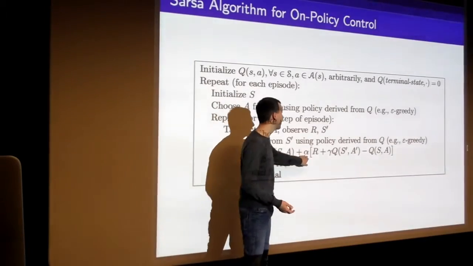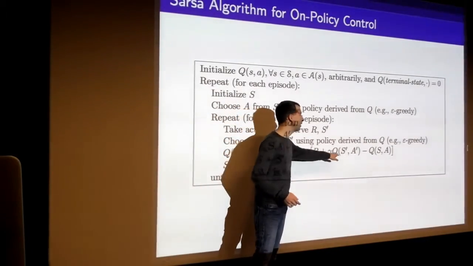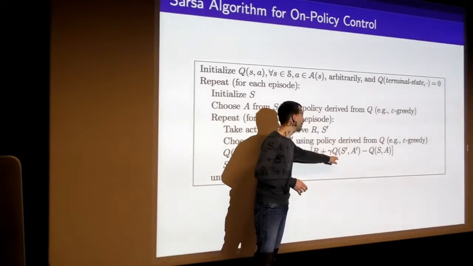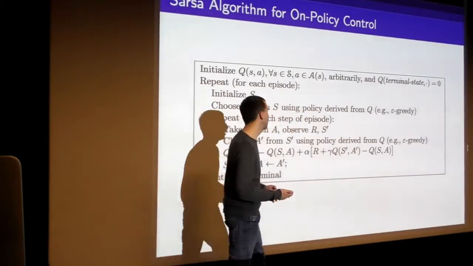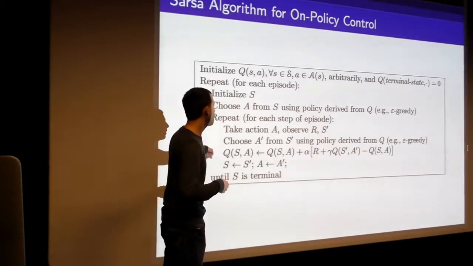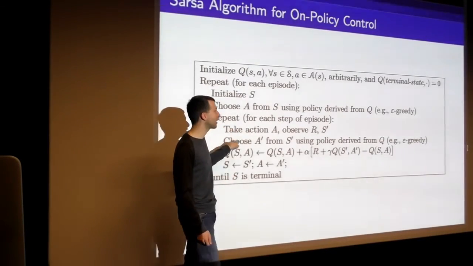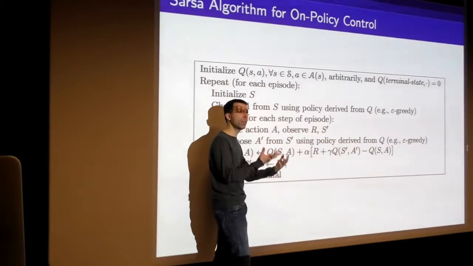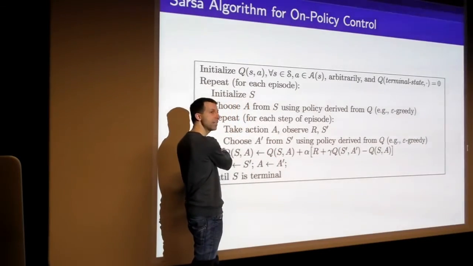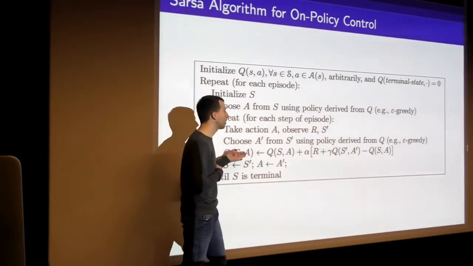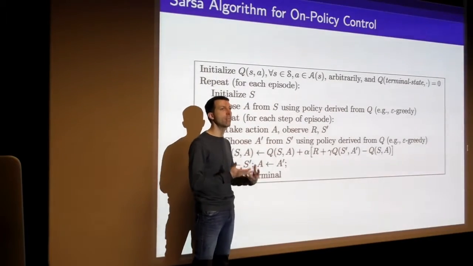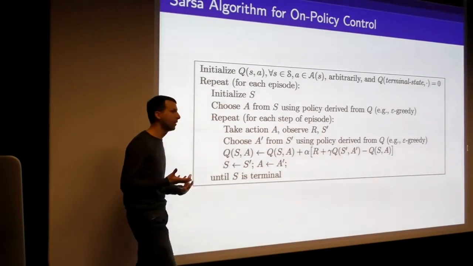So update a little bit in the direction of my TD target, the reward plus the discounted value of the next state action pair. And then repeat. So the next time we come round, we'll already have a different policy because we're acting epsilon greedily with respect to our Q values. If I end up back in that same state again, for example in a loop, I will already behave differently using the latest and freshest information stored in Q.